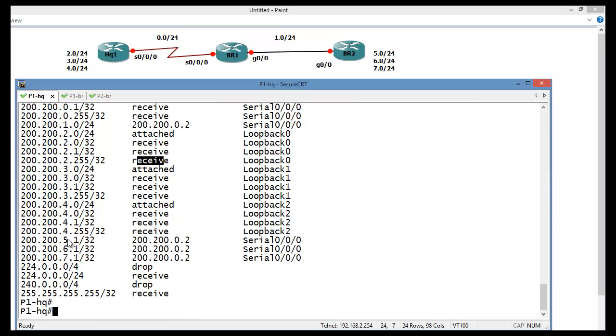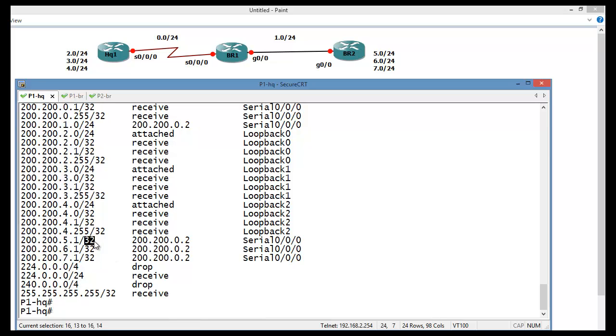To reach networks 5, 6 and 7 connected to branch router 2, you send packets to the next hop 200.200.0.2, which is branch router 2. This is your next hop address from which you can reach all three networks, 200.200.5, 6 and 7, and these are the IP addresses that are actually connected.